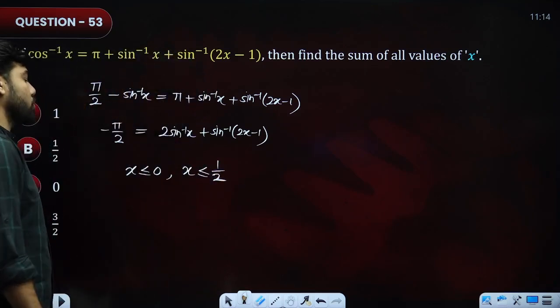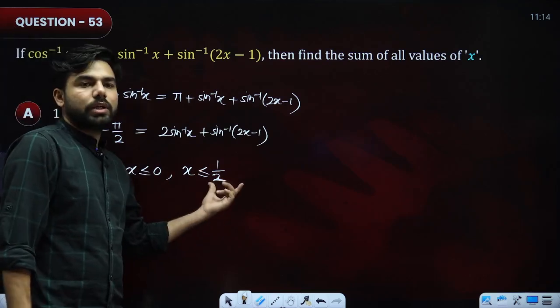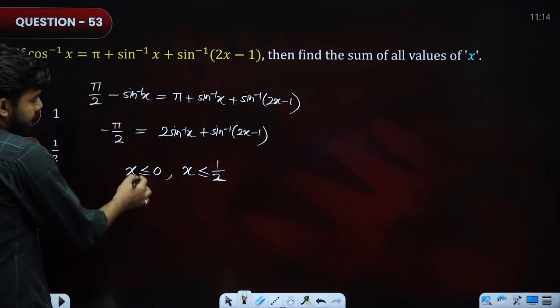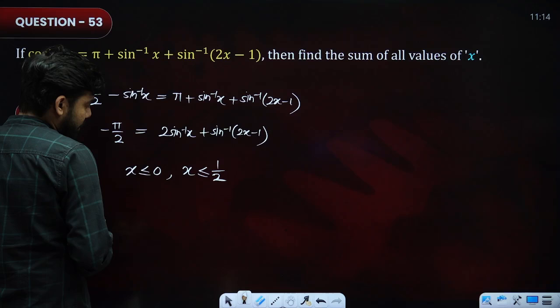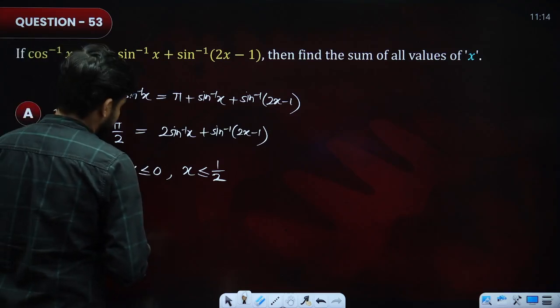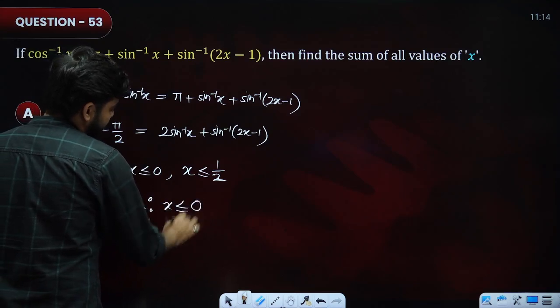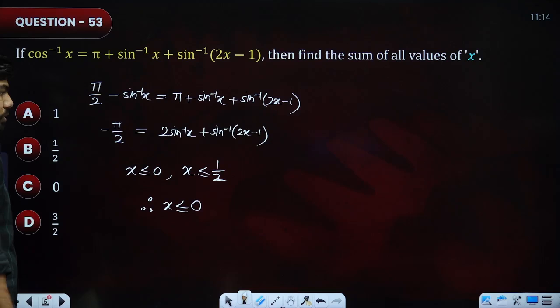Okay, if I intersect these intervals, overall x should be less than or equal to 0. This is the condition over here.